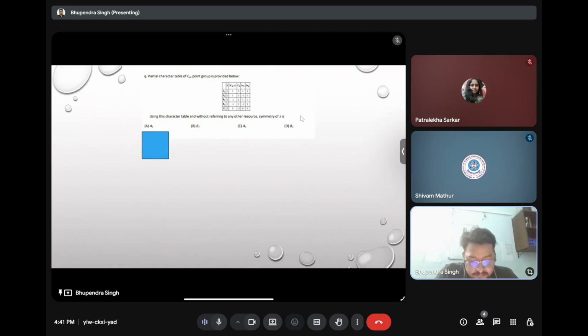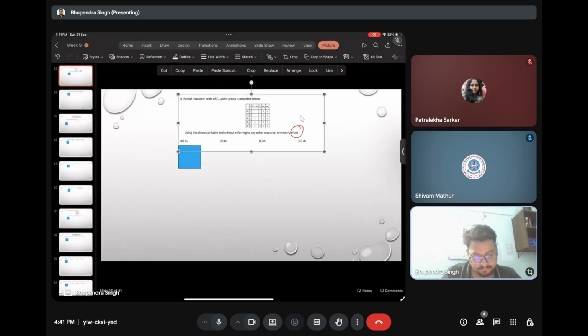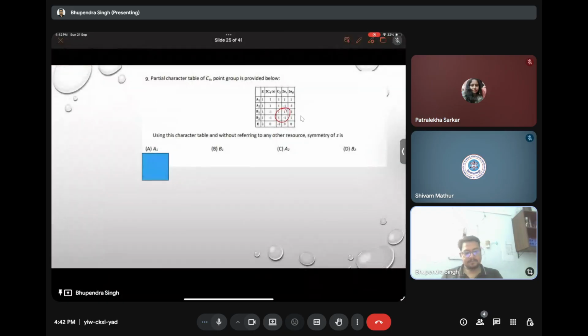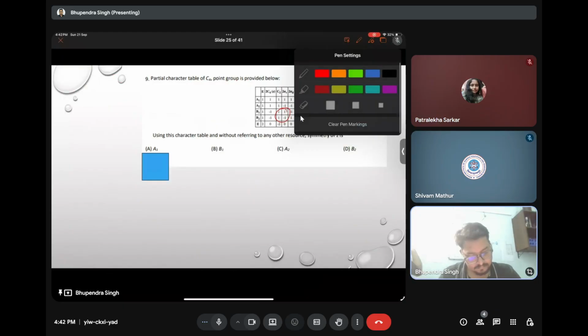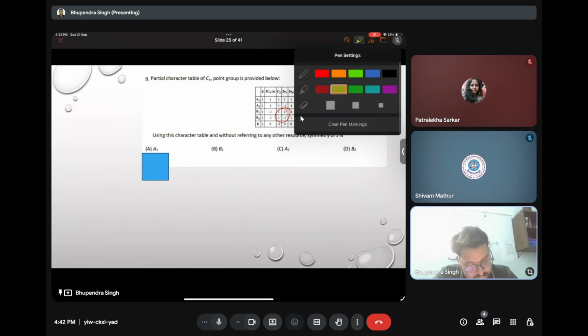Using this character table, without referring to any other resources, the symmetry of z is, basically they are asking for the Mulliken symbol.